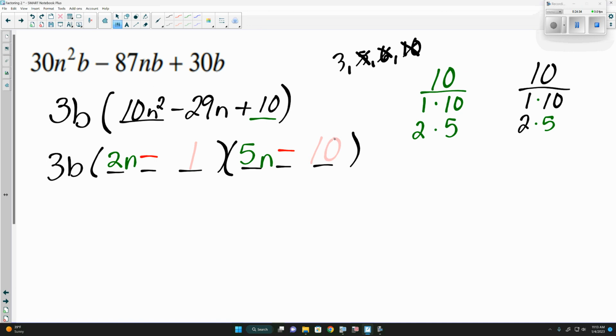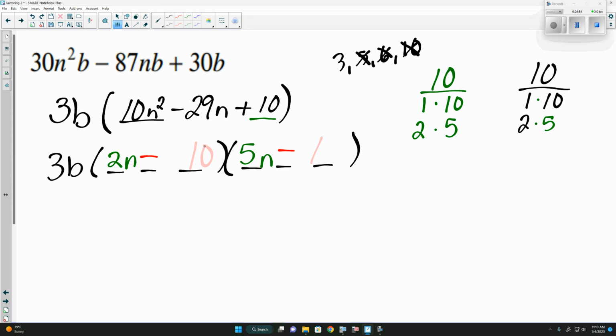Why will 1 and 10 not work? Because 2n minus 1 is fine, yes? How about 5n minus 10? 5n and 10 have a greatest common factor of 5, yes? So I can't put those together.